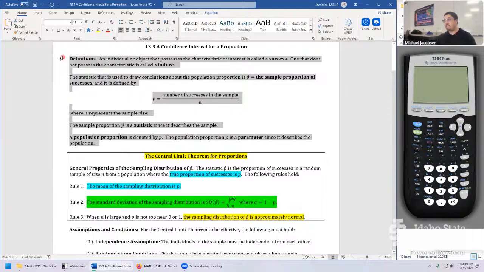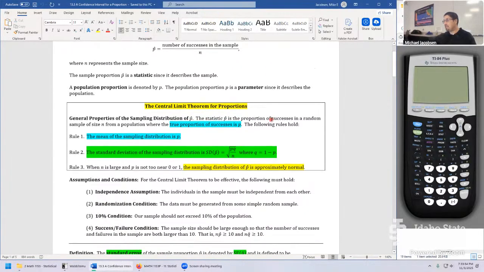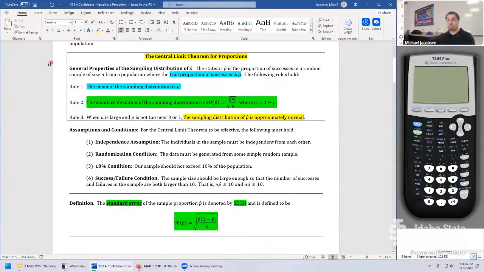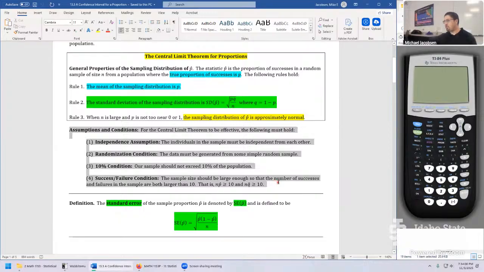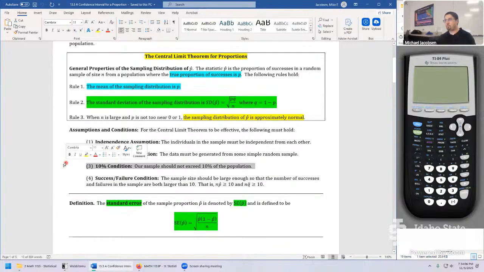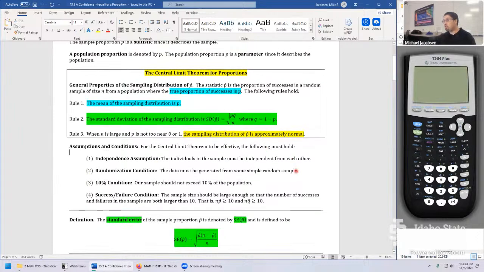So this whole block right here is really just a carryover from section 13.1. Then in that same section, we introduced the central limit theorem. And this is the new stuff in section 13.2, the assumptions and conditions and computing the standard error. So this is really just a one-stop shop for all the concepts, formulas, and ideas thrown into one location. Any questions at the moment with any of those formulas or ideas so far?